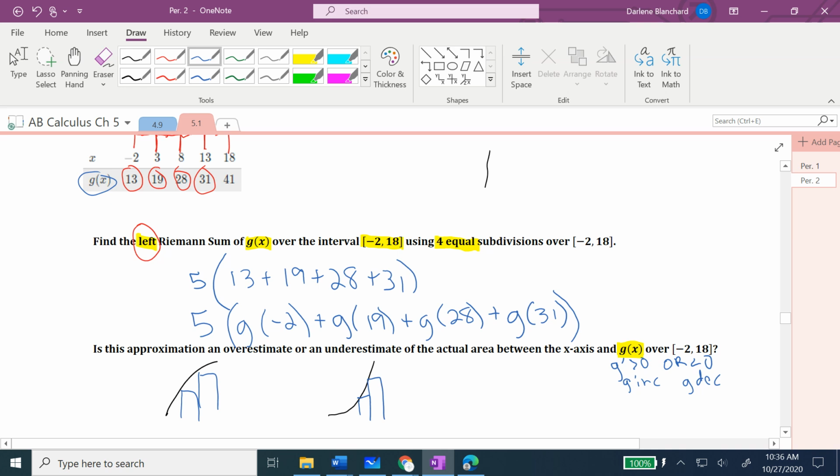You should see that despite the concavity, if that function is increasing, this is creating an underestimate. Now, you need to make sure that you state that this is an underestimate because of two things. Because it is a left Riemann sum, not a right.